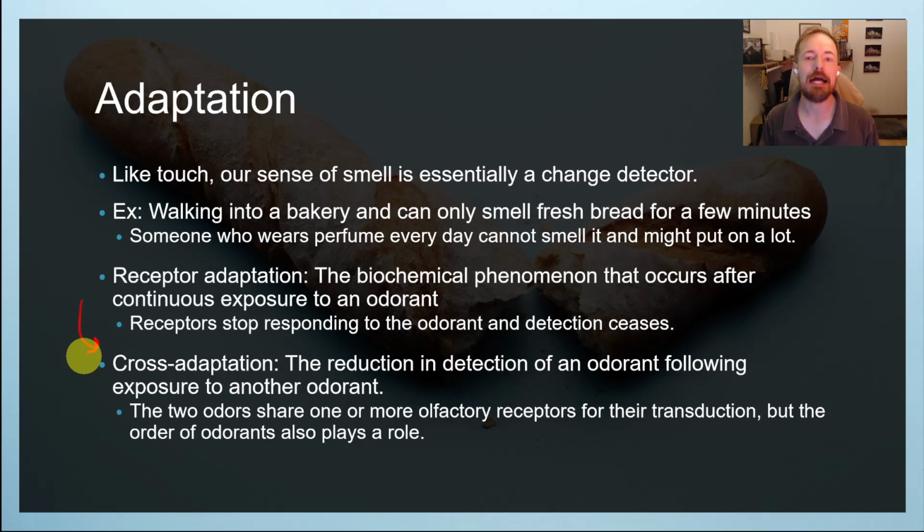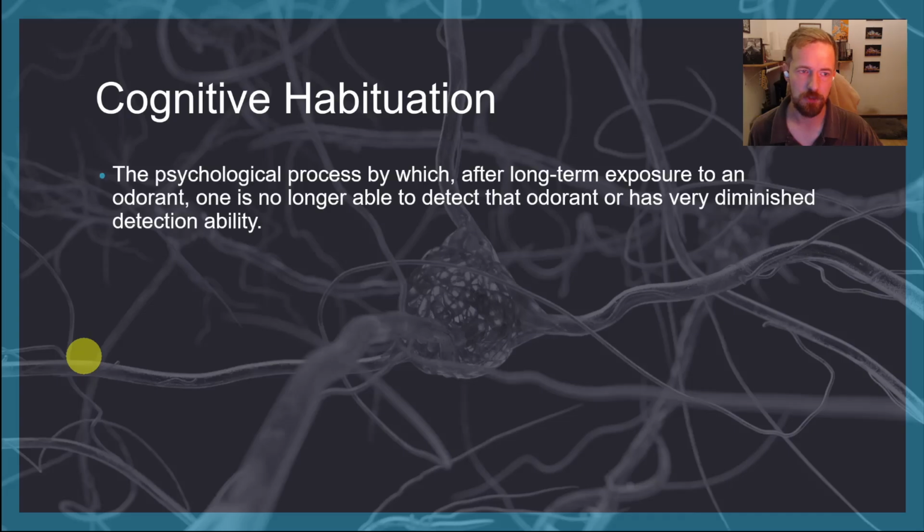It may not hit you the same way that it would if you had been on a 30-minute run, or you've been at the gym all day, then you go into this cake store. You're going to smell all these very sweet, frosty smells that you're not going to if you already adapted to something very similar, because again, those receptors have been used. They may still be occupied even with some of those other very similar chemical structures.